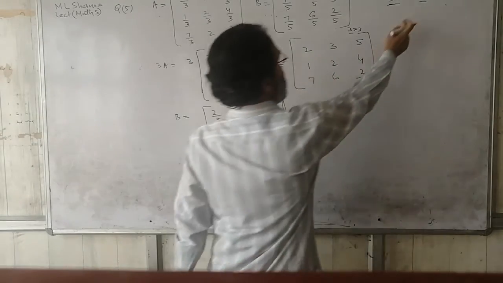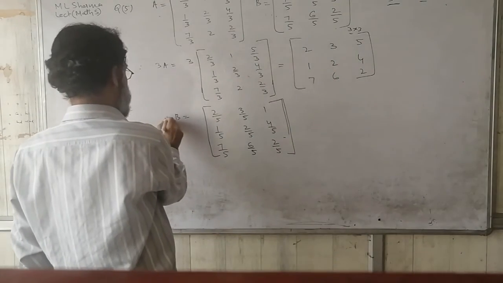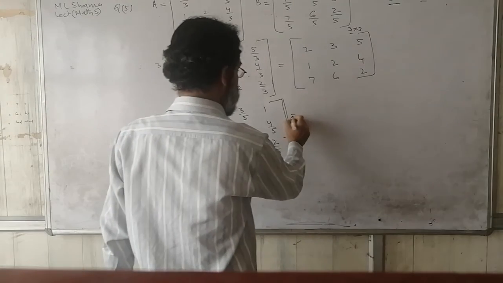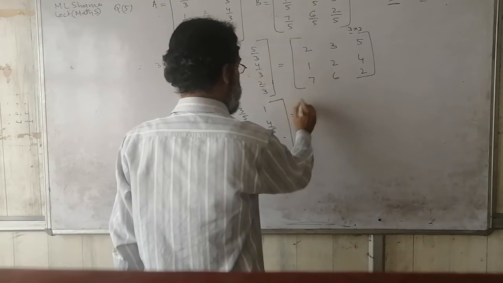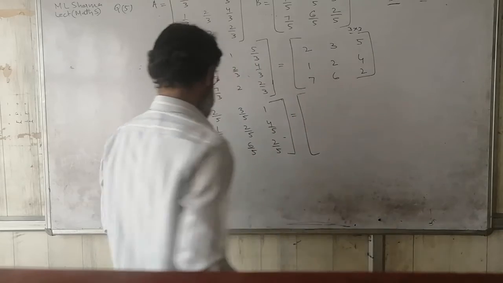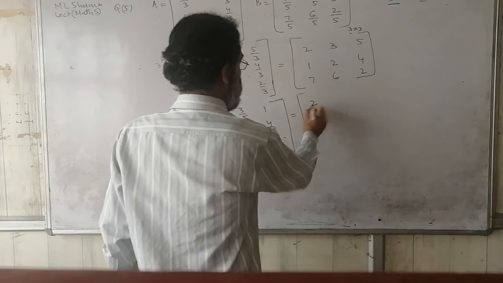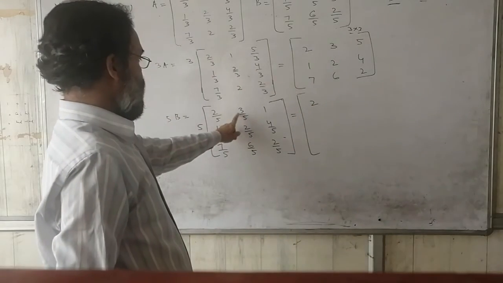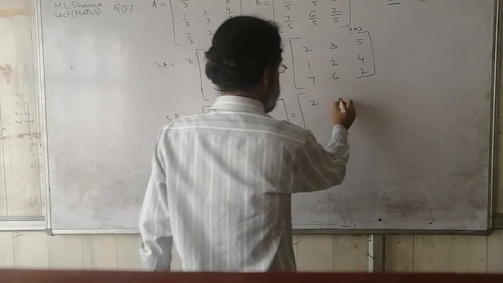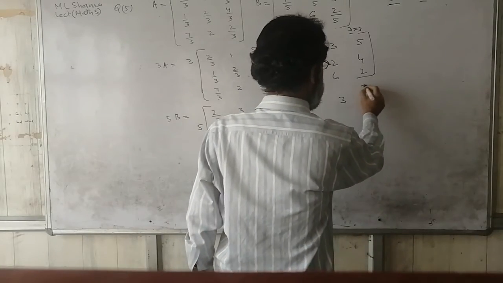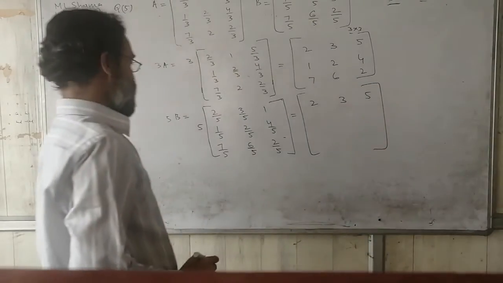I have to find the value of 5 times B, so I will write 5 here. This matrix will equal each element multiplied by 5. So I will get 2 here, and here 3, and here 5. These are the first two elements.